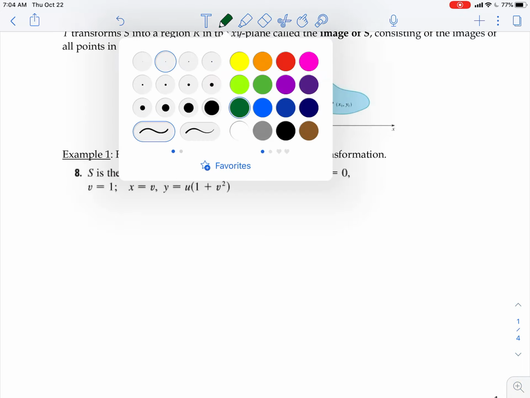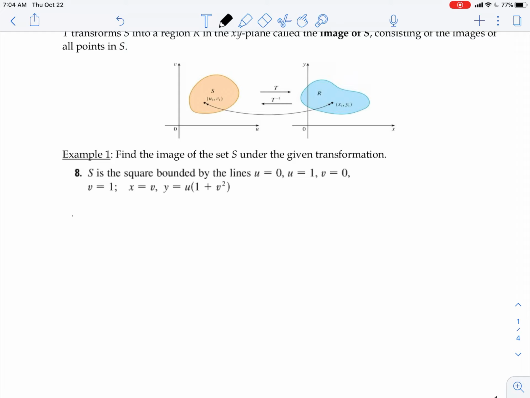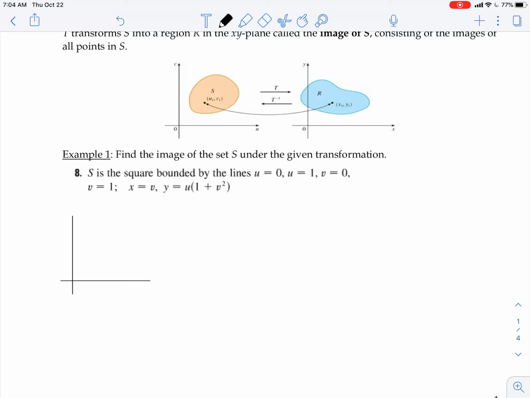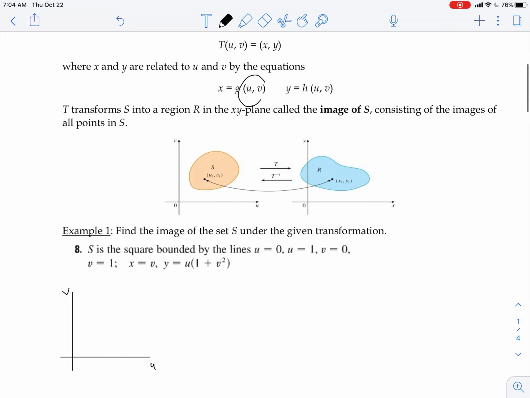So I'm going to go ahead and draw this first region, and it's the rectangular region. I'll say that this is U, and this is V. This is how we're mainly going to do U and V, because when we write it, it's usually UV, and when we write functions, it's XY.